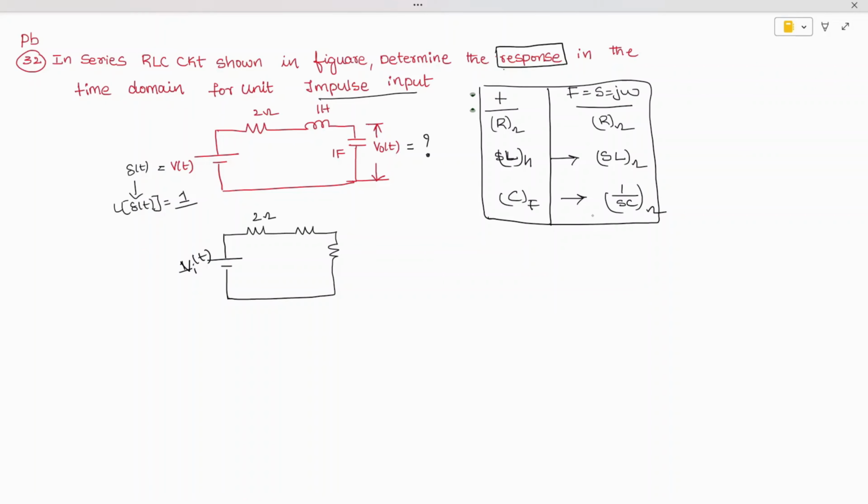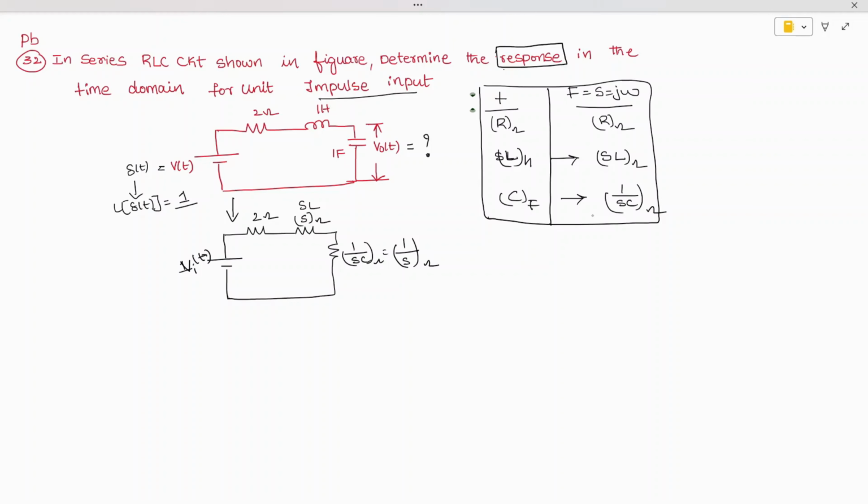This is 2 ohm, this is SL, and since the inductor value is 1, this is S ohm. Here it is 1 by SC ohms, and the capacitor value is 1, so it is 1 by S ohms. Now we need to convert this into the required format, since everything is transformed here.